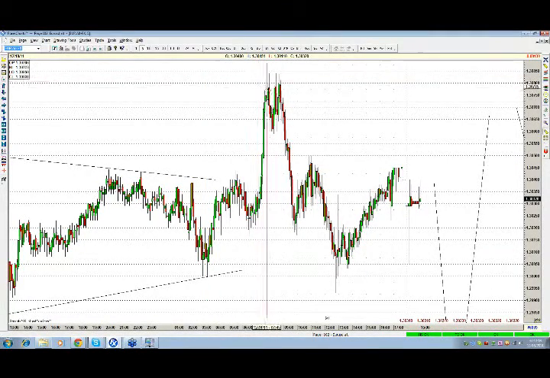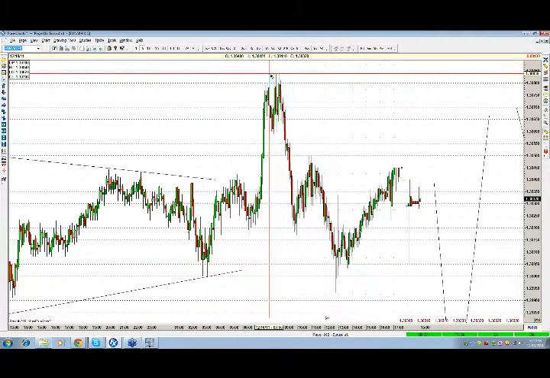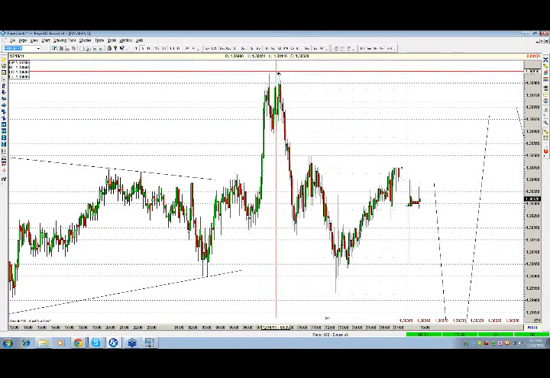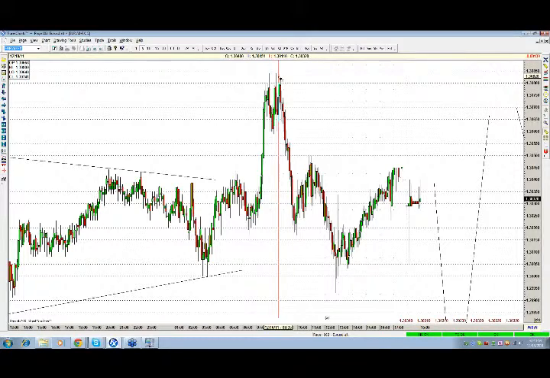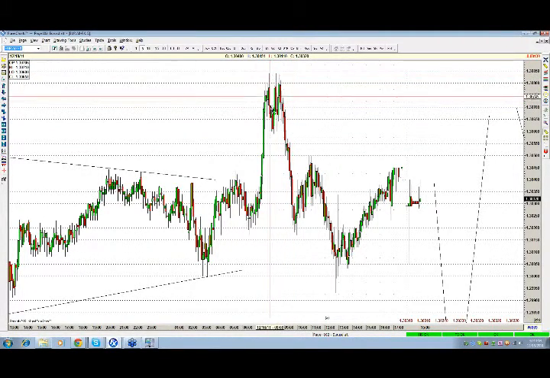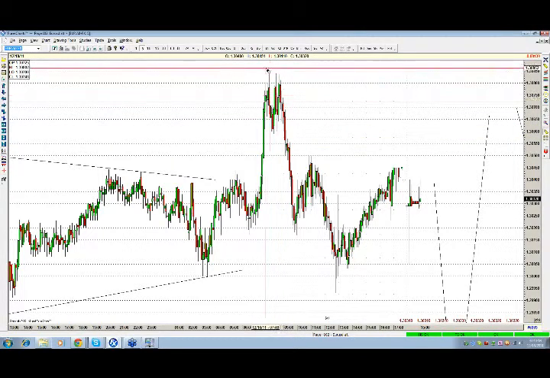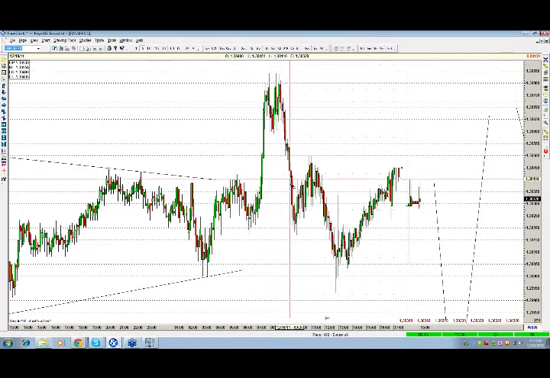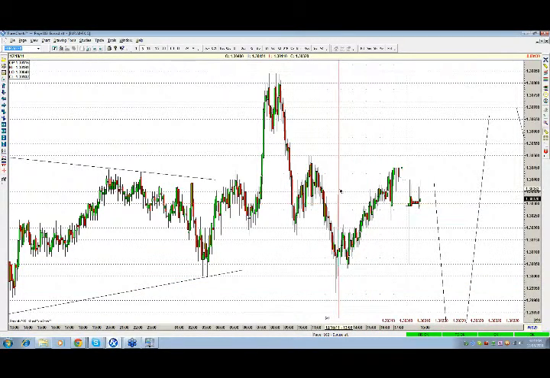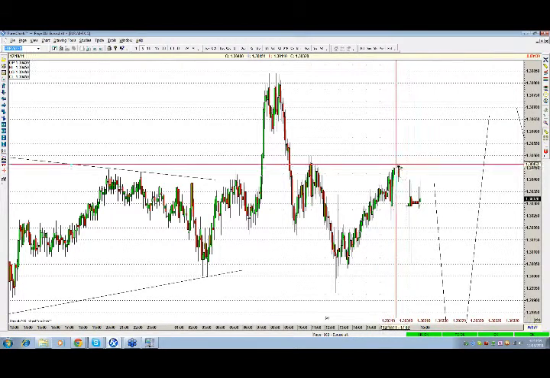For me on Friday, it topped right here at 84, and it did 1, 2, 1, 2. And then in my chart, what I see is 1, 2, 3, 4, 5, 6, 7 swings. What I see from the lows, I see 1 swing, 2, 3, and then look what it did pre-market today.